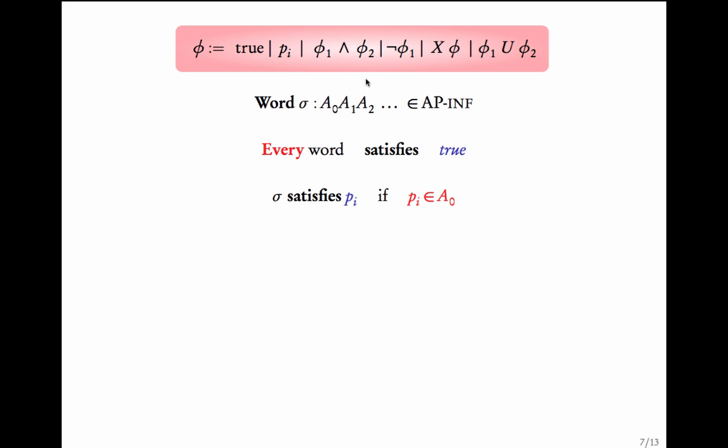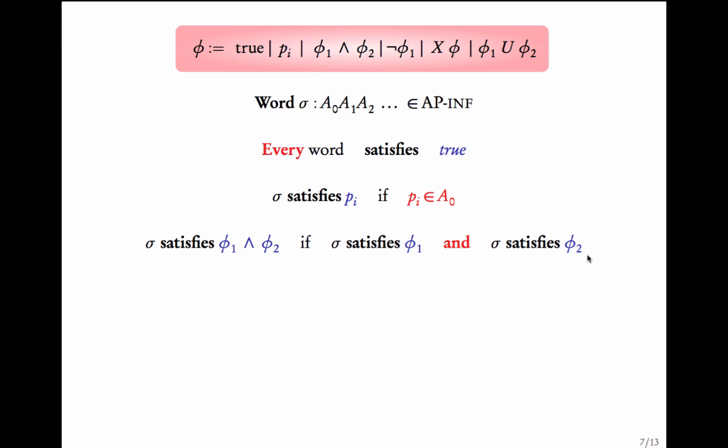Okay. Now what about this? When does sigma satisfy phi1 and phi2? Easy. Sigma satisfies phi1 and phi2 if sigma satisfies phi1 and sigma satisfies phi2. You may wonder what additional knowledge this statement gives.